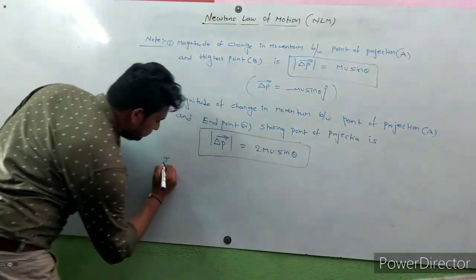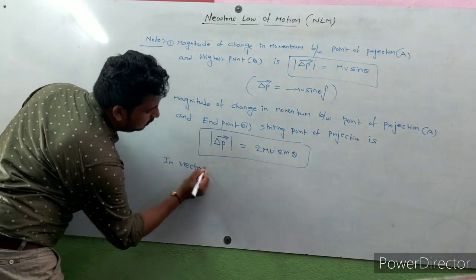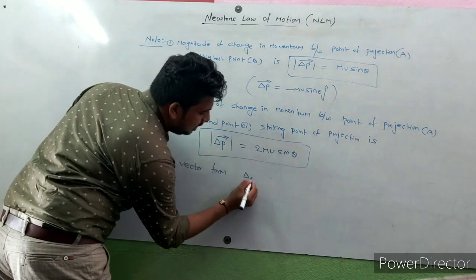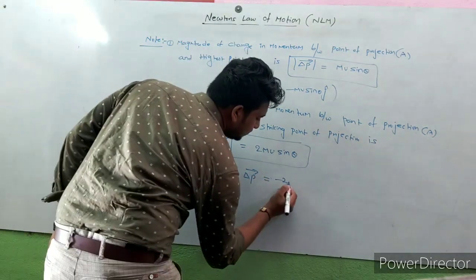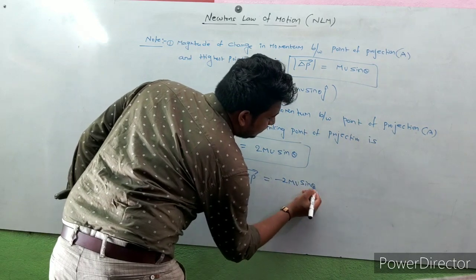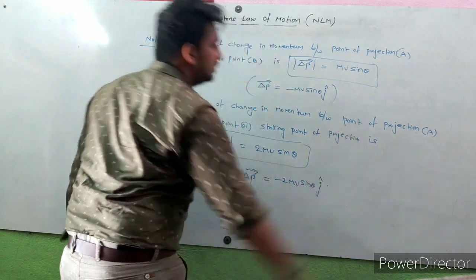In vector form delta P bar is equal to minus 2mu sin theta j cap.